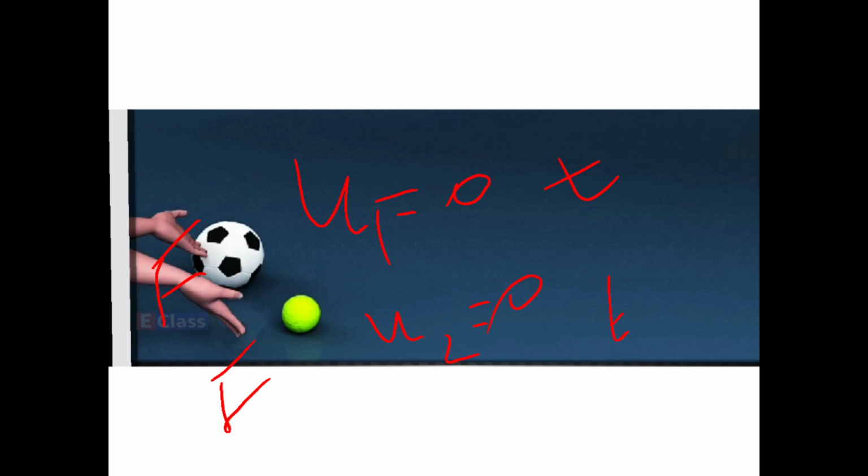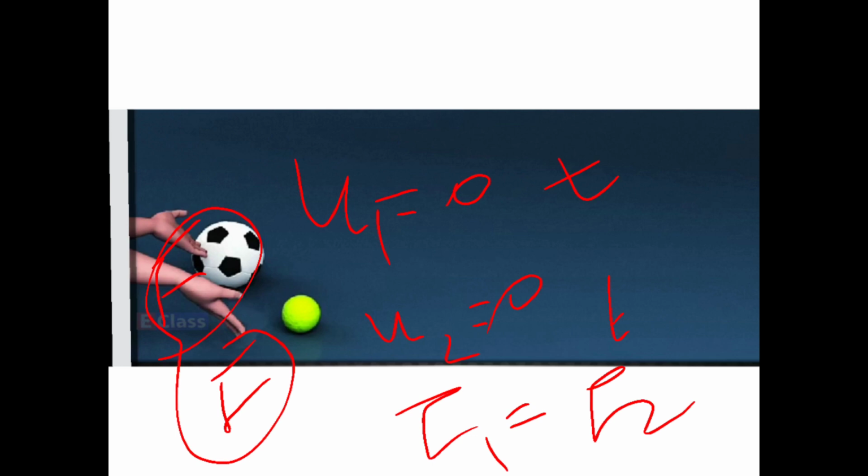Correct? However, from the above formula we know that the rate of change of momentum, that is F, in both objects is the same. By your hand only you have moved it, so it is the same. So the total change in their momentum will also be the same, because F is nothing but the rate of change of momentum. So if F1 is equal to F2, the rate of change of momentum will also be the same.